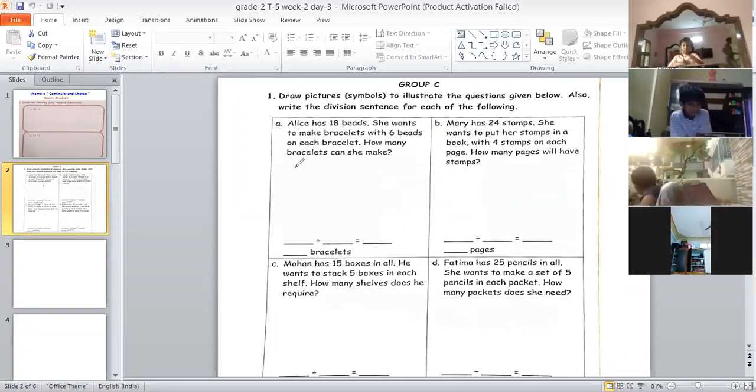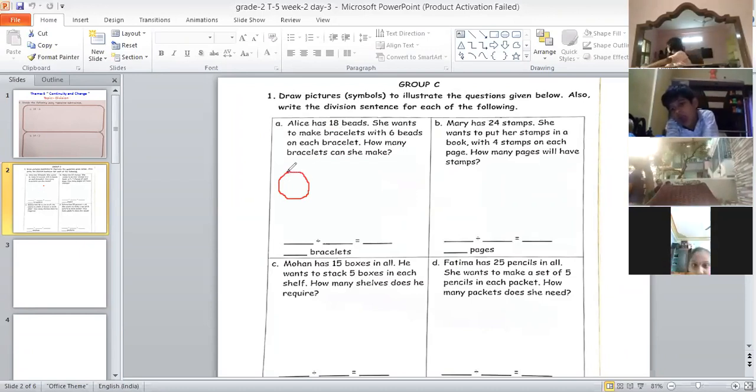So what we will do, keep on looking at your screen, children. We will draw a circle like this because a bracelet is round in shape most of the time. We'll draw one circle. And according to the question, there should be 6 beads on each bracelet, right?